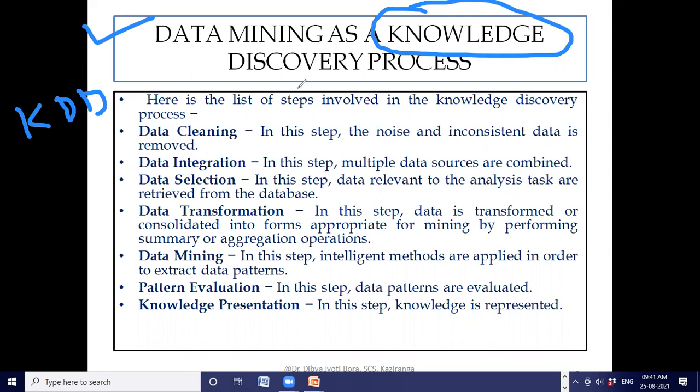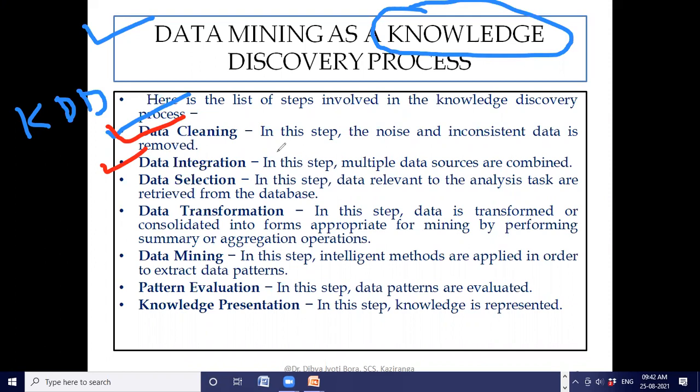So what are the steps involved in this KDD process? First one is data cleansing. See, I'm writing here cleaning; sometimes it is also pronounced as cleansing. Data cleansing and data cleaning are the same thing. Then data integration. Up to now we have completed the data warehouse and data modeling part, so you are very much familiar with terms like integration, extraction and loading.